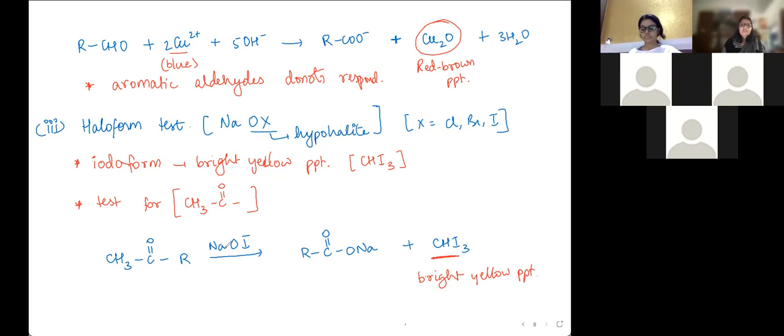Interestingly, this can also be used to detect not just CH3CO, but also CH3CHOH.